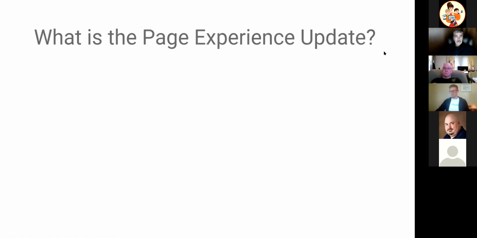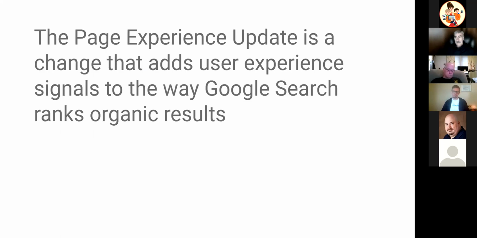Okay, so let's jump into the meat of it. What is the page experience update? This is the update that Sarah mentioned at the beginning of the meetup. What does it all entail? This is my definition of it.